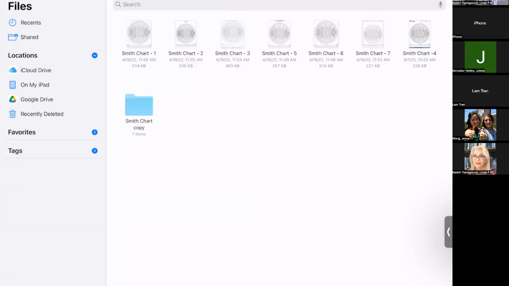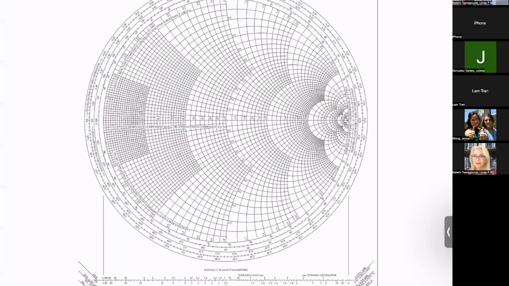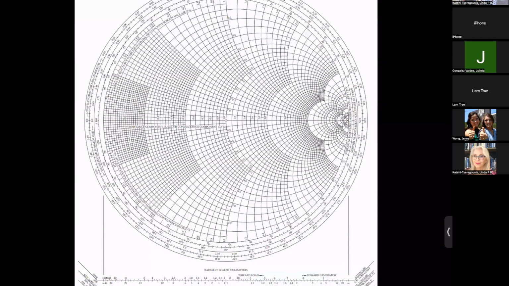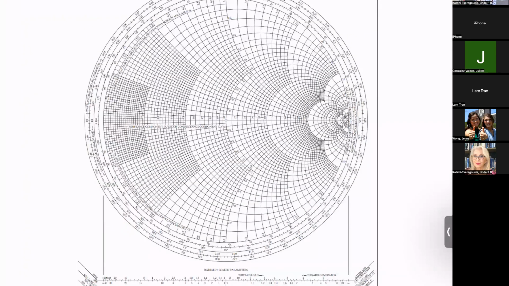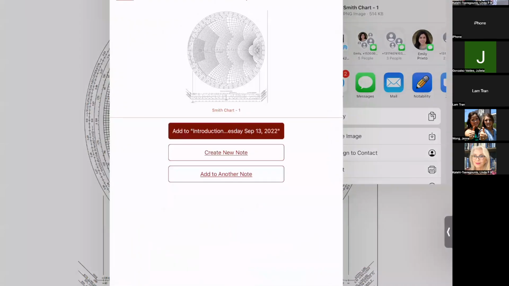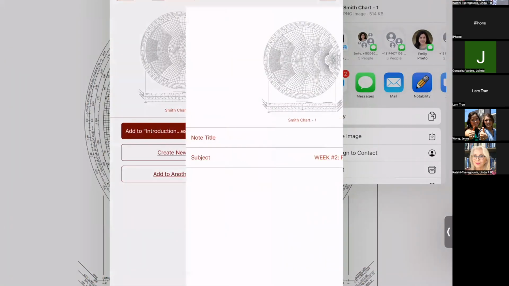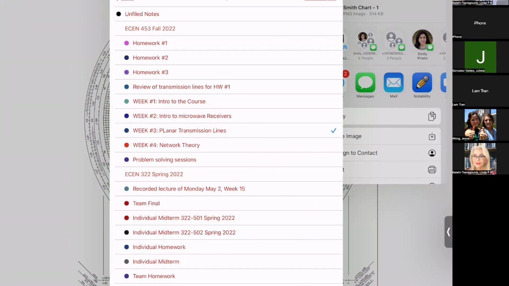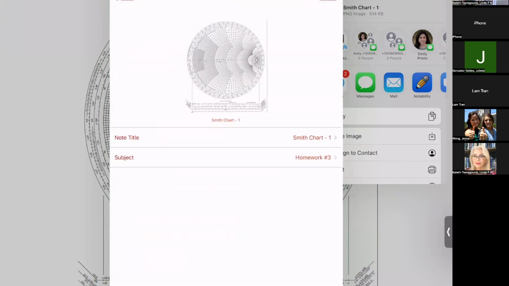And I think this is the best one to use. So how do I copy it? Ah, here. I'll put it in Notability. Create a new note. And I will put it in homework 3. Okay.